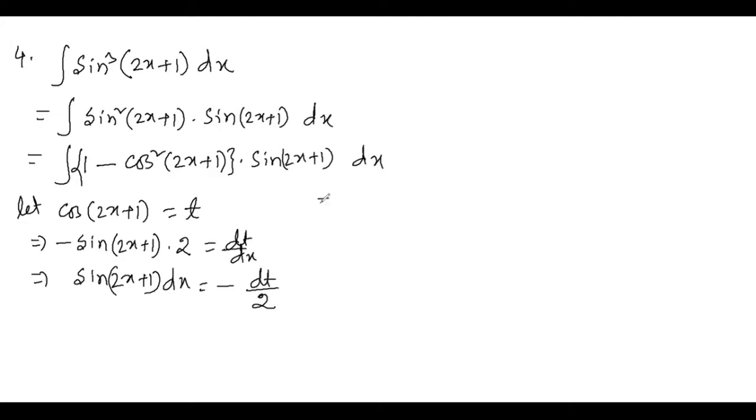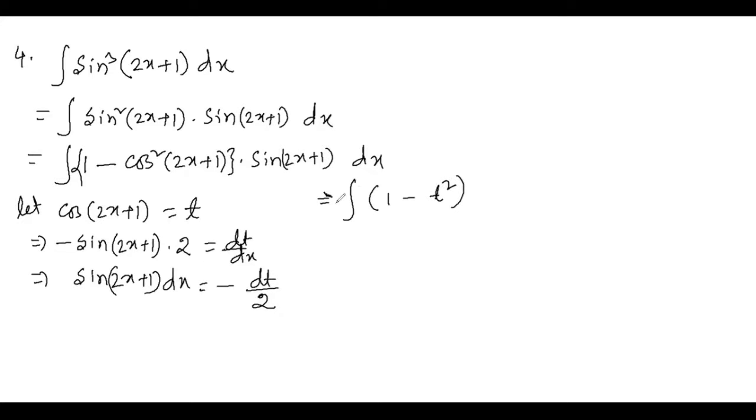So that means this will be integration of 1 minus cos square (2x plus 1), which will be t square, into sin (2x plus 1) dx.